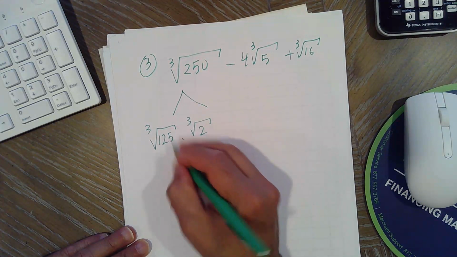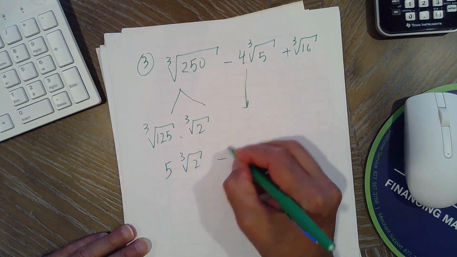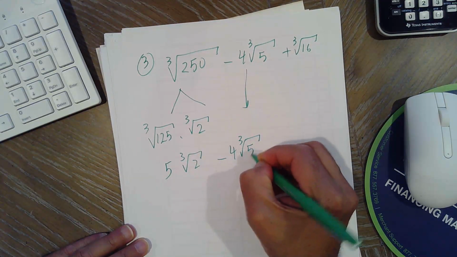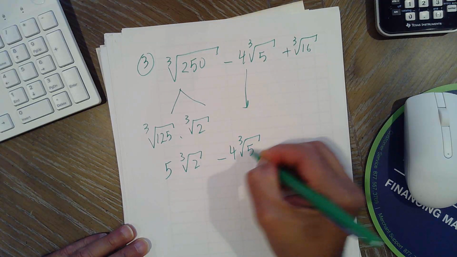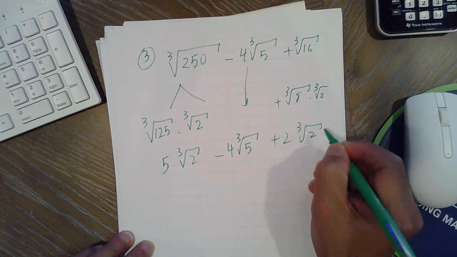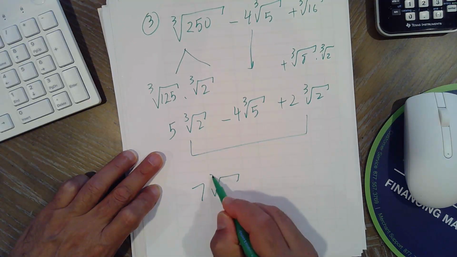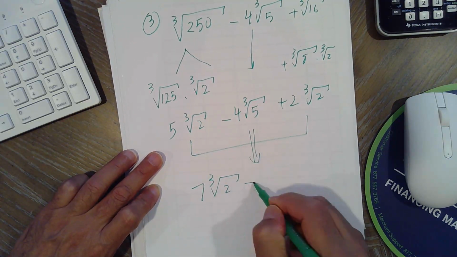And that's going to be 5 cube root of 2. There's nothing to do on this one. Now this guy can be done, 8 and 2. Cube root of 8, cube root of 2, which is 2 cube root of 2. It looks like the two are like radicals, 5 plus 2 is 7. Cube root of 2, and this gal would be brought down.